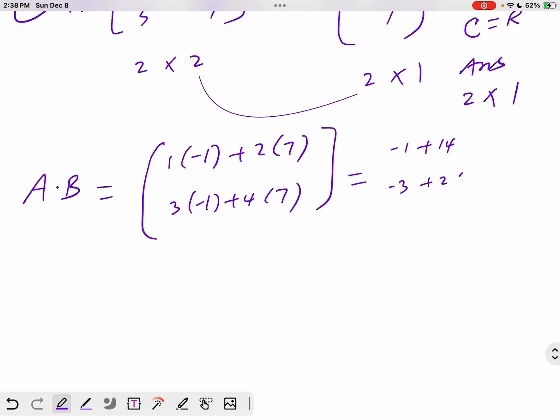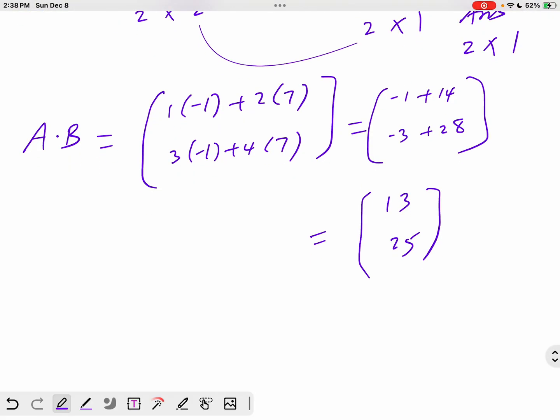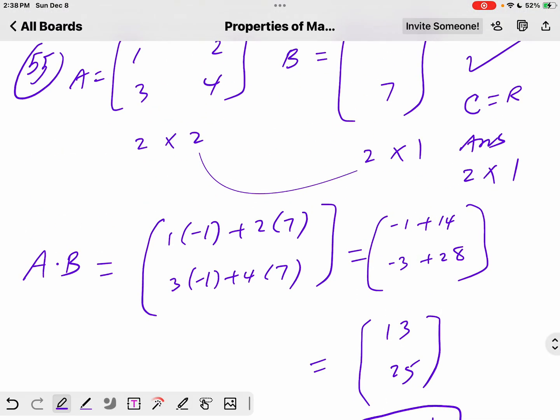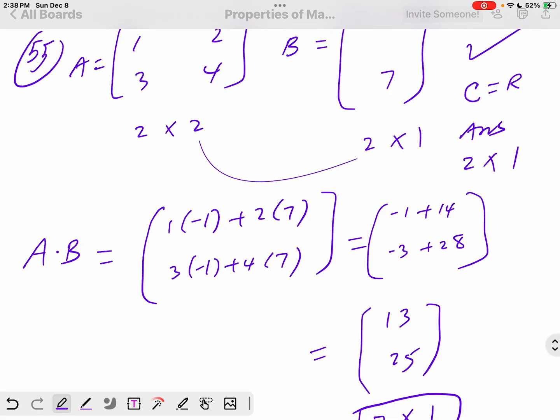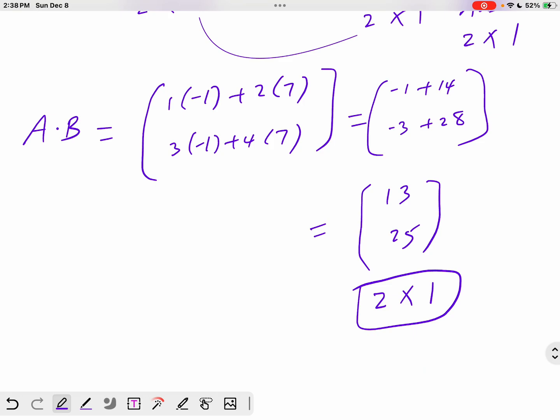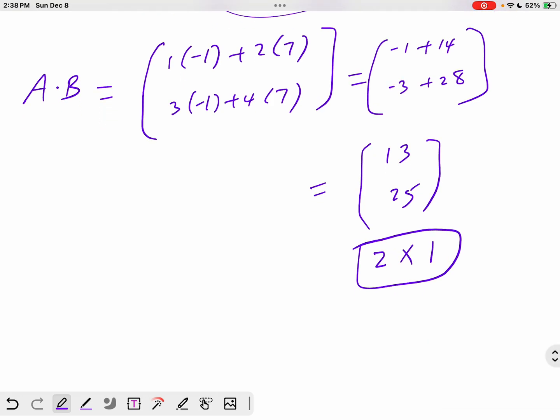And then we have negative 3 plus 28. So this is 13, 25. So we already know that there are 2 rows and 1 column. Okay, pretty easy. But remember, when you multiply, we take the first row and multiply by the column. That is the first element. And then keep going, because you know the answer already.